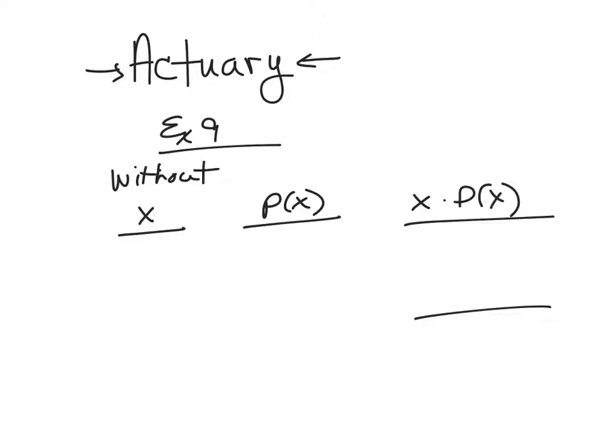So what are the possible outcomes? Well, it could rain, or it could not rain. If it rains, the problem told us that he's going to get $40,000 out of his crop.